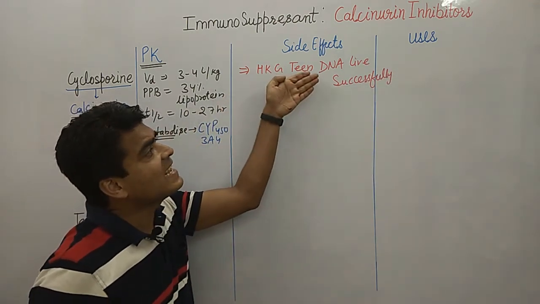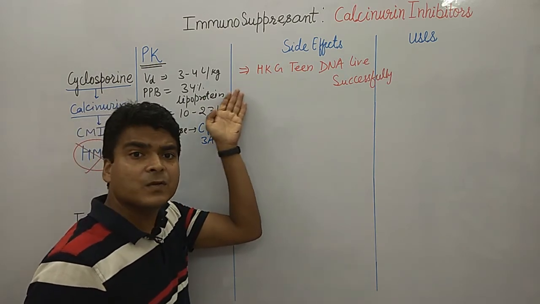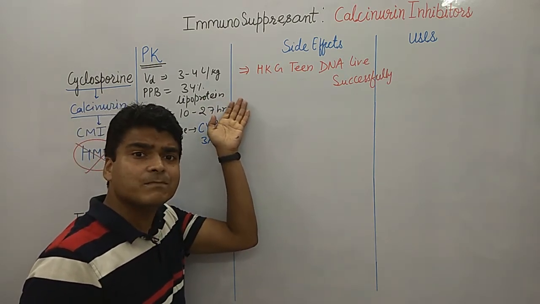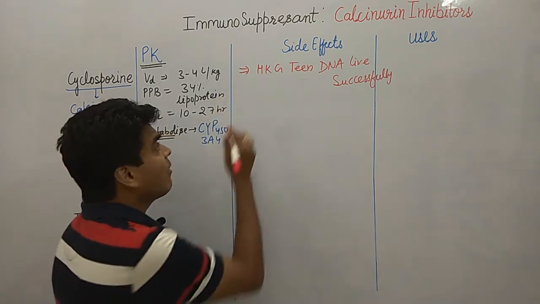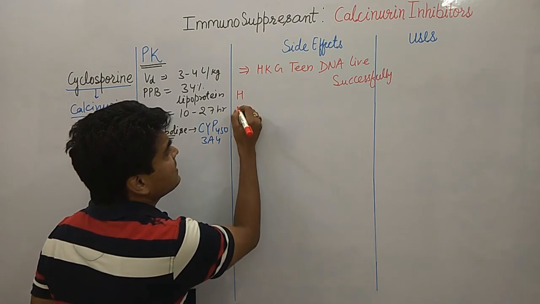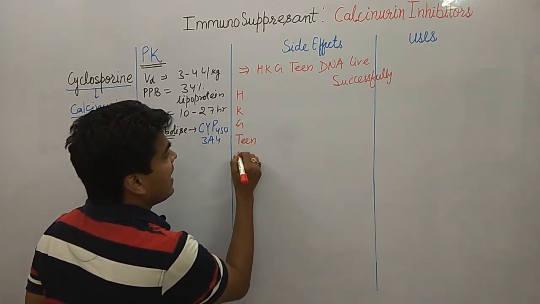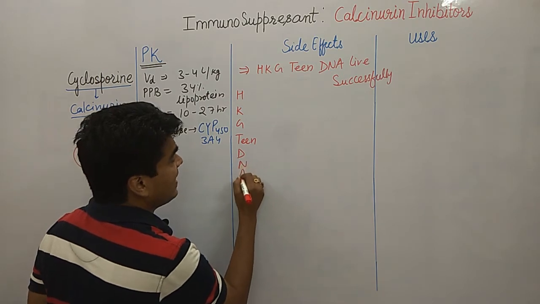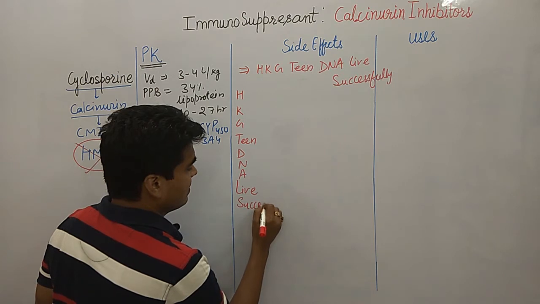HKG means higher kindergarten, you know very well HKG is the primary class. One by one we will discuss what H is, what K is, what G is, what teen is, and what D, A, live and success are.